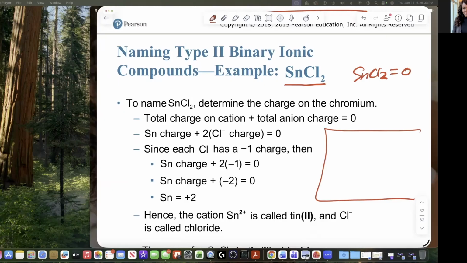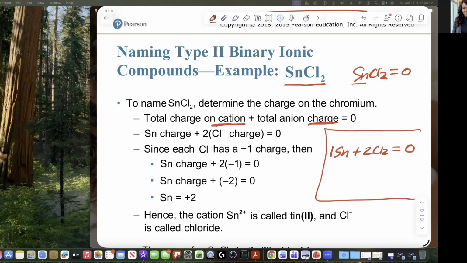The net, when they combine, is 0 because the amount of negative charges balances out the amount of positive charges, right? So the overall is 0. Take the total charge of the cation, add that up. Total charge of the anion, add that up, and when you add them up, they should be 0. So in the formula, we have 1 Sn plus 2 Cl equal to 0.